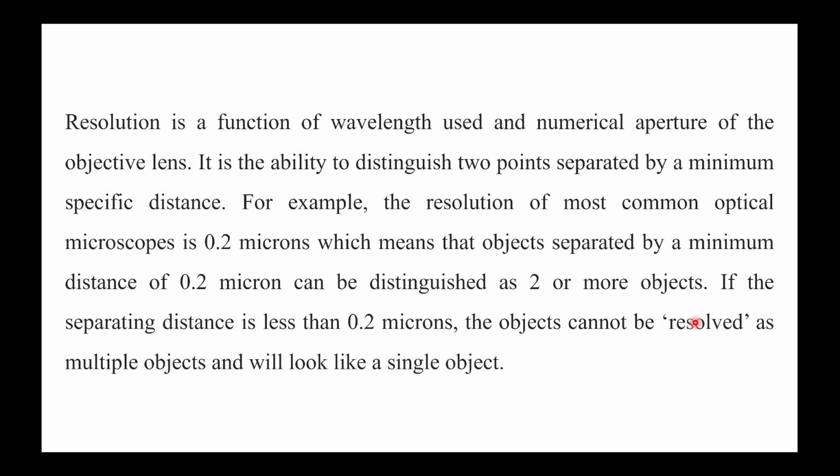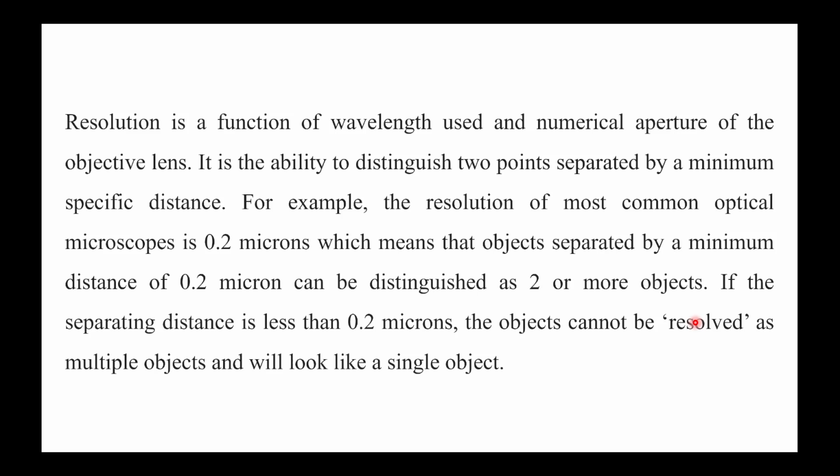For example, the resolution of most common optical microscopes is 0.2 microns, which means that objects separated by a minimum distance of 0.2 micron can be distinguished as two or more objects. Now, if we have two bacterial cells which are very close to each other with a distance of less than 0.2 microns, then we won't be able to see those two bacterial cells as separate cells.